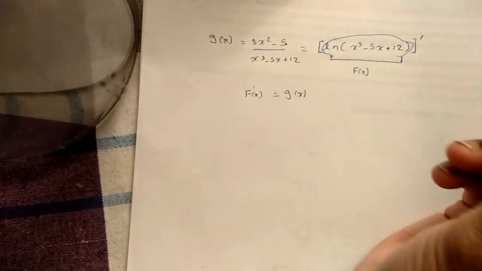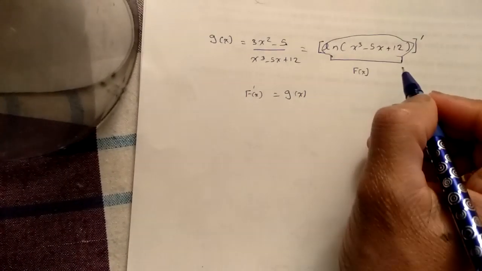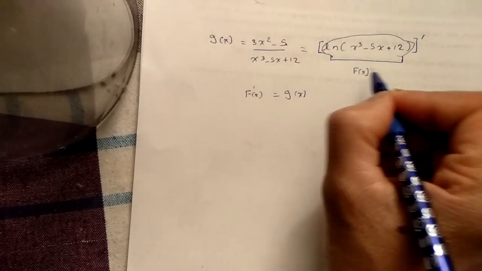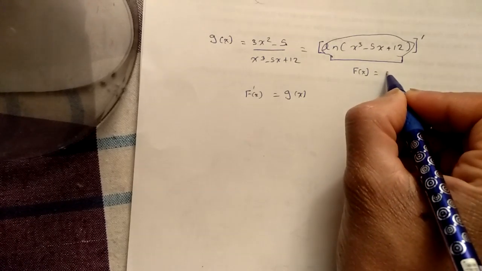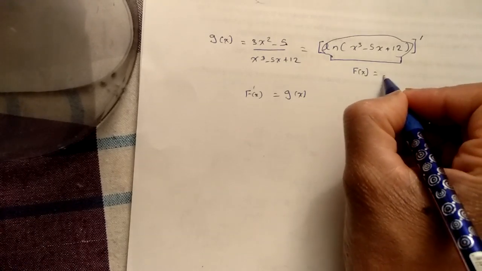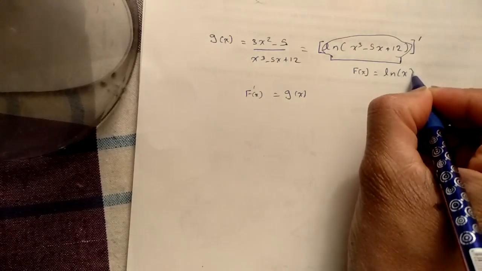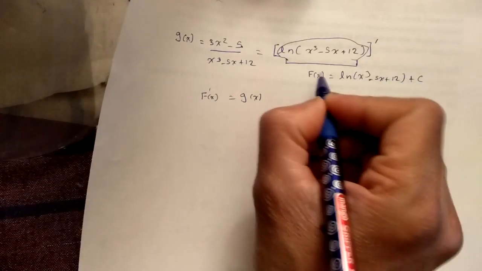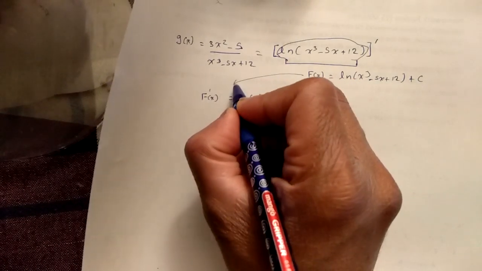And this is not the only antiderivative we have. We have everything added with a constant c, ln of this one. If you add an arbitrary constant here, it will still give out an antiderivative.